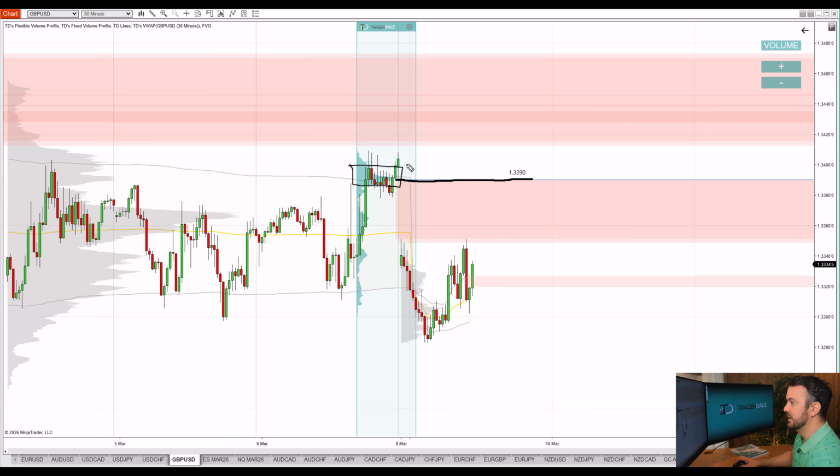volume zone. So when you identify this, the next thing you want to do is wait for the pullback to that zone. In this case, the level is at 133.90, and then enter the short like this. This heavy volume zone should work as a resistance.